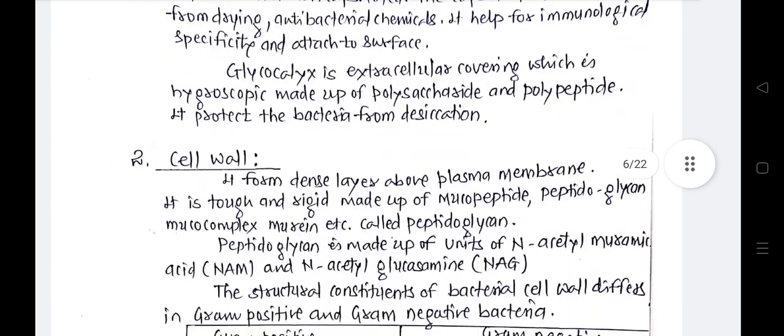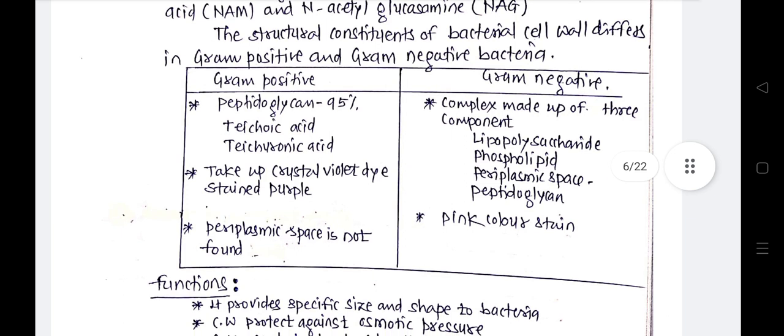So see here the gram positive bacteria and gram negative bacteria. In the gram positive bacteria, the peptidoglycan consists of 95%, then teichoic acids are present, whereas in a gram negative bacteria, peptidoglycan is there, but its concentration is very less.